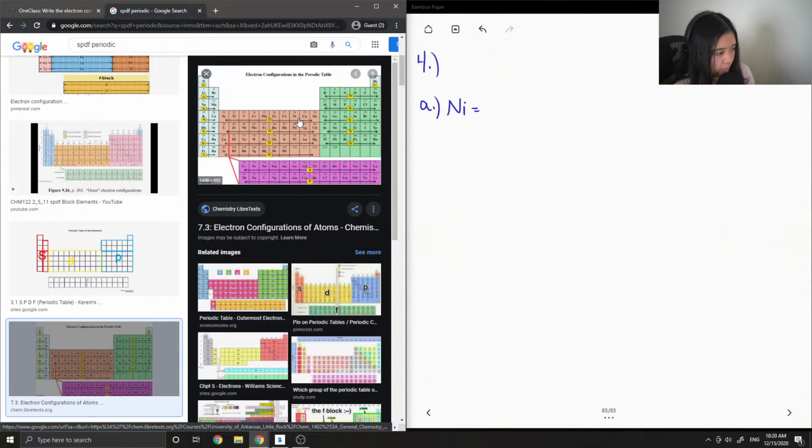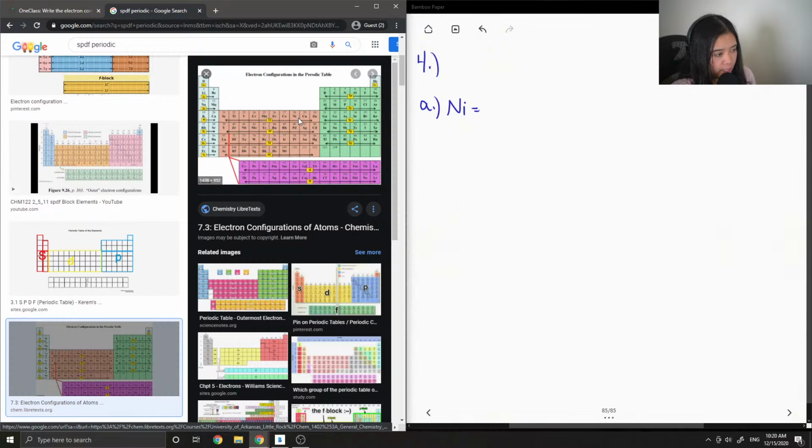Just as an example, for this very first atom, I'm going to show the long way to write the electron configuration. For the rest of the questions, I'll just do the shorthand way. The long way for a neutral nickel atom is to start at hydrogen and write the row number, 1, then the block, S, then how many electrons are in the orbital.